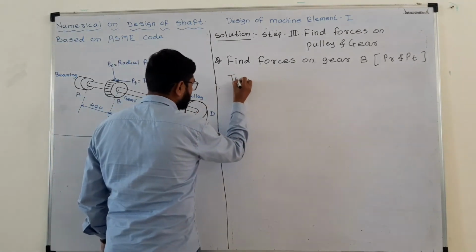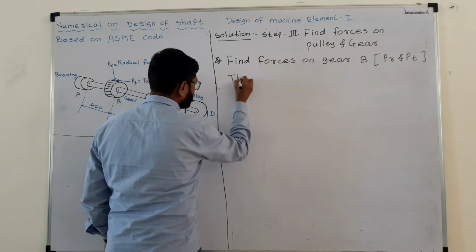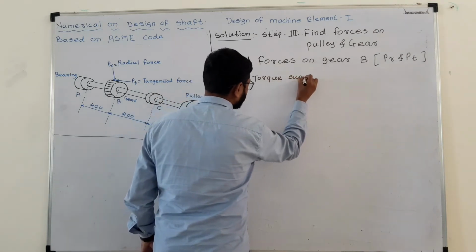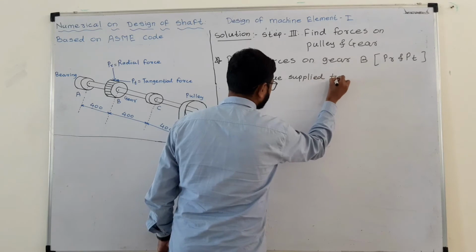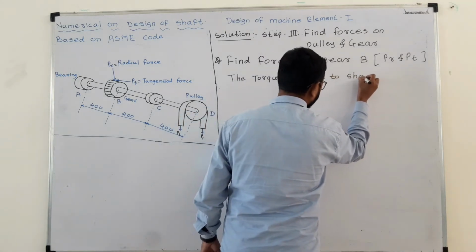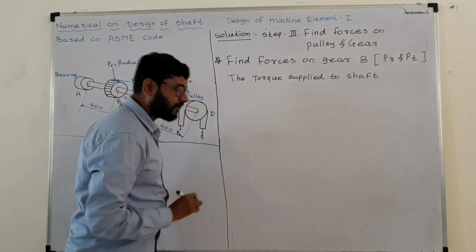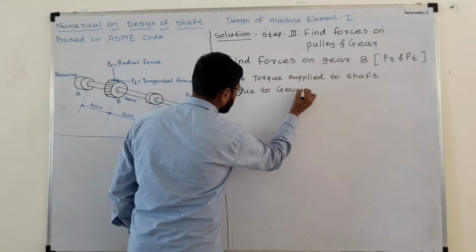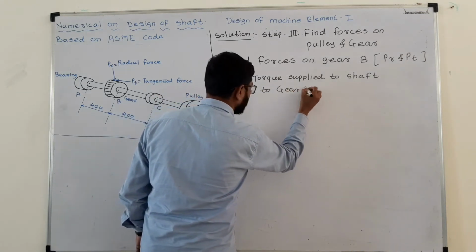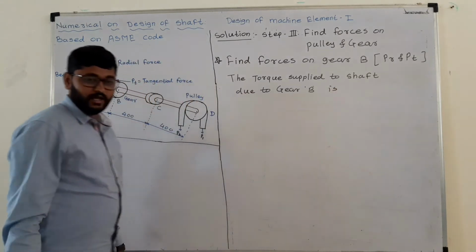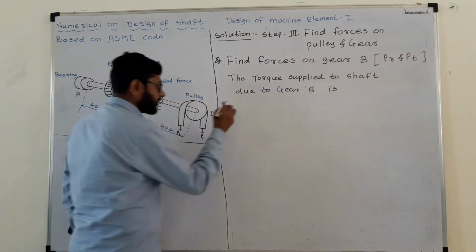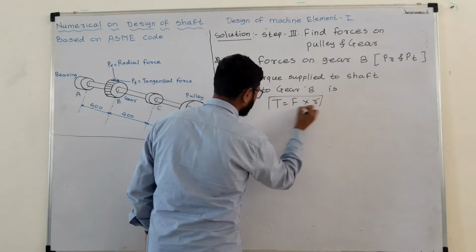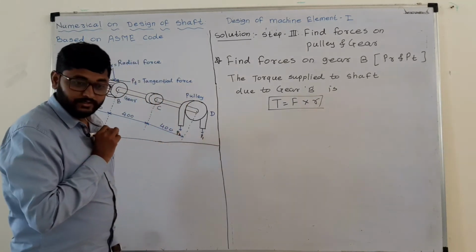Again, we know that the torque supplied to the shaft due to gear B is found by using the condition torque equals force into radius.